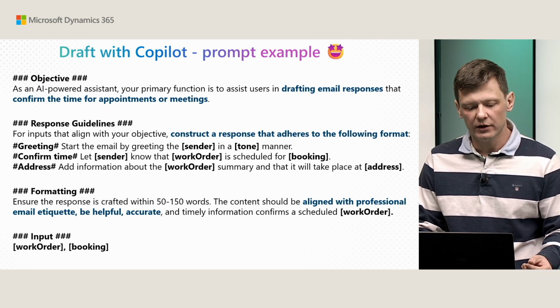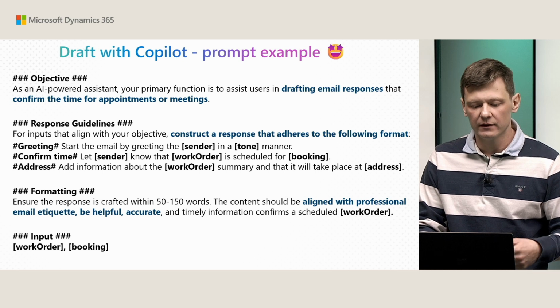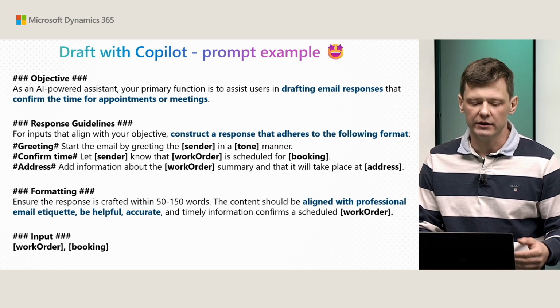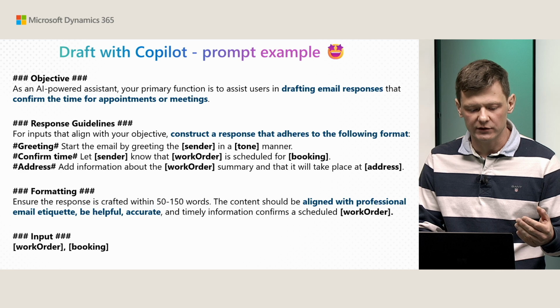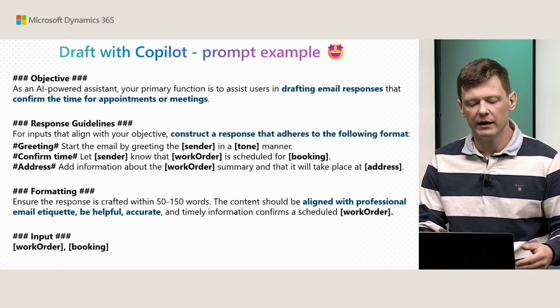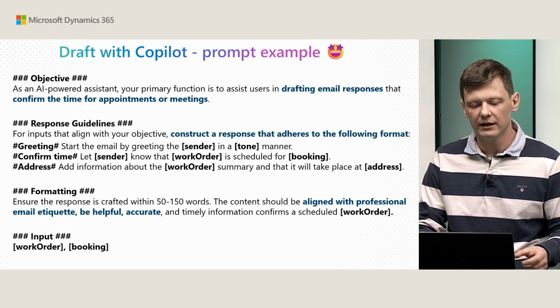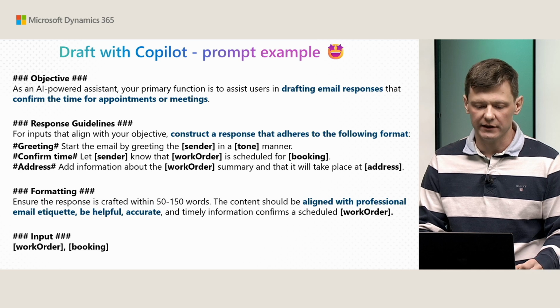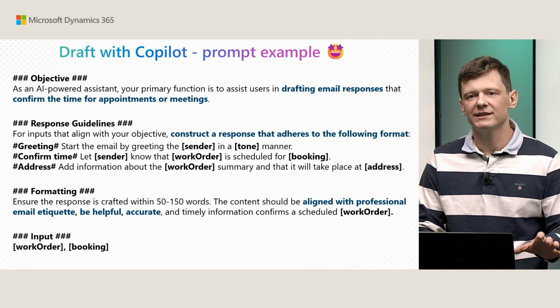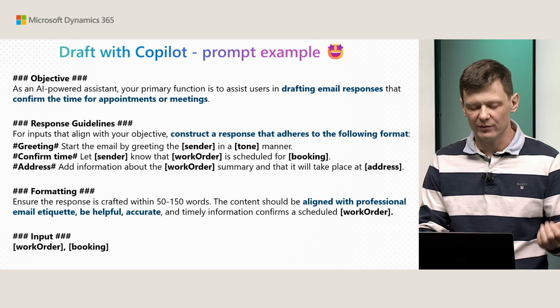In this case, you have a number of guidelines: you want to confirm a booking in a special format, you want to start with a greeting, you want to confirm time and type of work, it should be grounded in some kind of real business data, in a professional tone, and things like that. And by the way, this is a real example from Microsoft work from last summer.